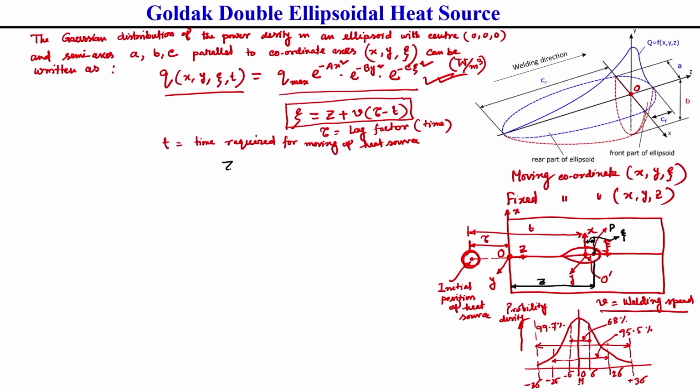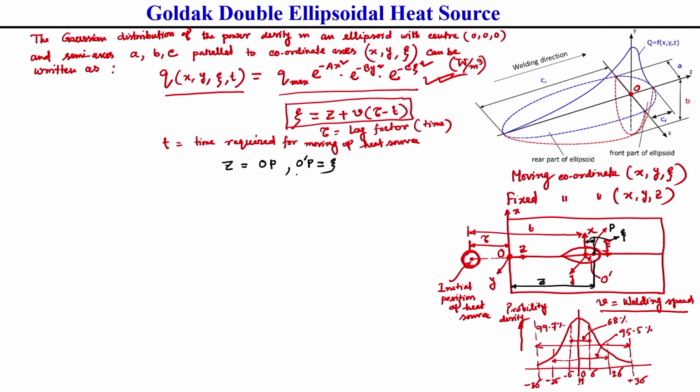Z is equal to OP, and O dot P, the distance from the center of the moving coordinate system to point P, is zeta.